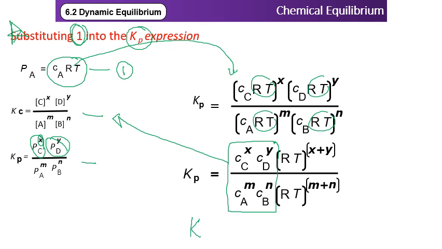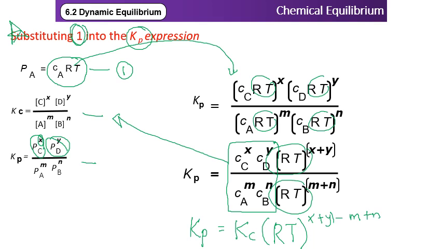So we will end up with Kp equal to Kc, and then make the bracket RT. This is another factor that we can factorize, RT, and then here will be x plus y minus m plus n. The y here is plus because it is d, y.